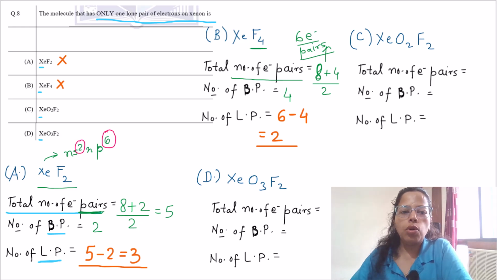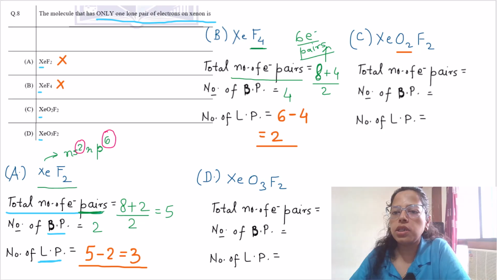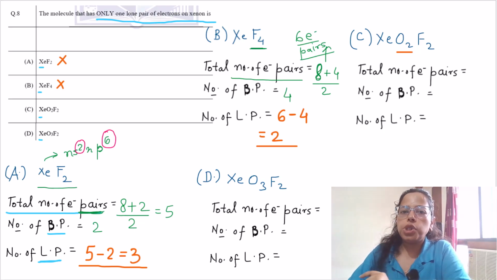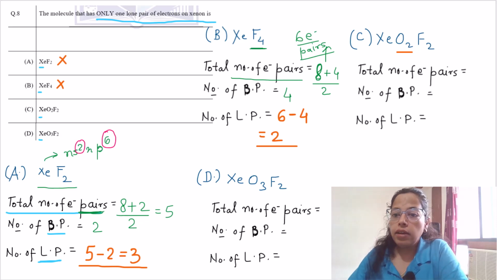Now coming to option C, XeO2F2. Now we have oxygen here, 2 oxygen atoms. In my previous videos on VSEPR theory and different shapes of molecules, we discussed that whenever we have an oxygen, there is a possibility of a double bond, and VSEPR theory is mainly based on sigma bonds, not the double bonds. So we ignore the contribution coming from the double bonded atom while calculating the total number of electron pairs.